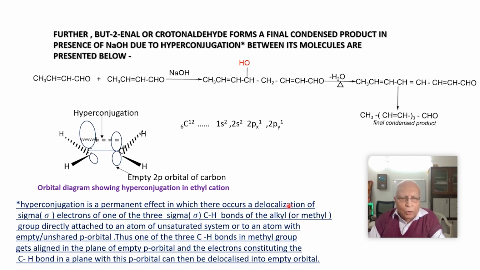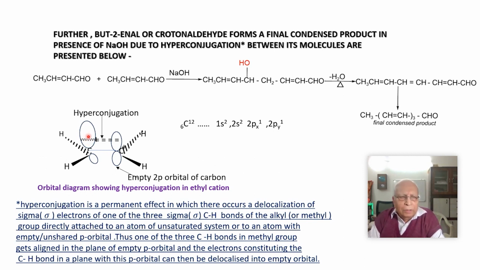There is a delocalization of sigma electrons of one of the three sigma CH bonds of the alkyl or methyl group directly attached to an atom of an unsaturated system. When there is a double bond, we call it an unsaturated system. The electron in one of the CH bonds of the alkyl group gets delocalized.